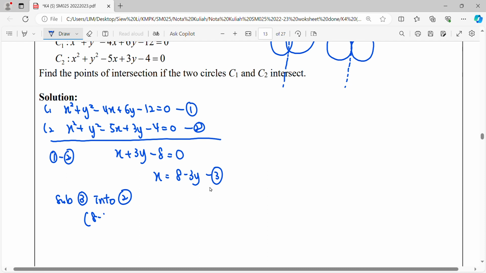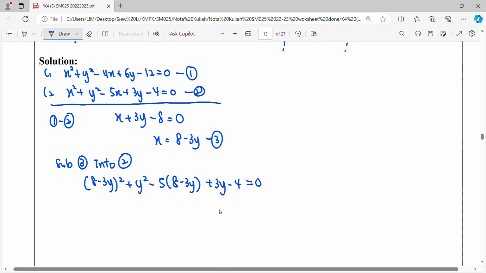So (8 minus 3y) squared plus y squared minus 5 times (8 minus 3y) plus 3y minus 4. We try to solve this quadratic. So expand this, it gives us 64, then 2ab minus 48y, then b squared gives us 9y squared.